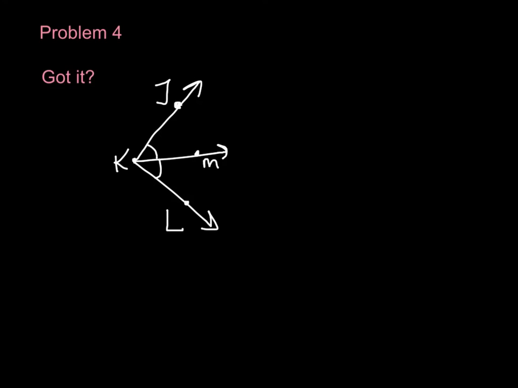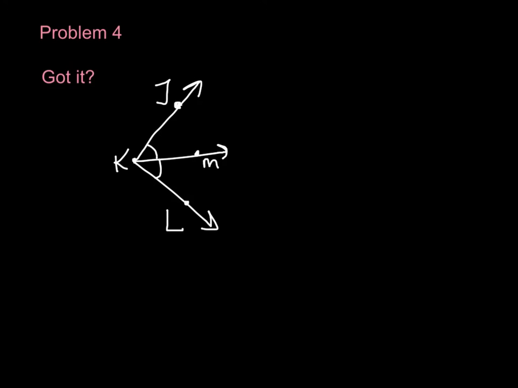So let's do the got it problem on page 471. Ray KM bisects the angle JKL. So I'm just going to quickly draw a picture. JKL is bisected by KM. Therefore, we know that these two angles are equal.